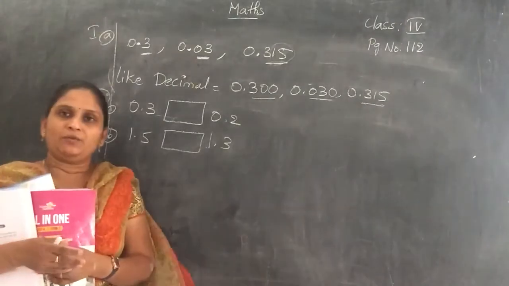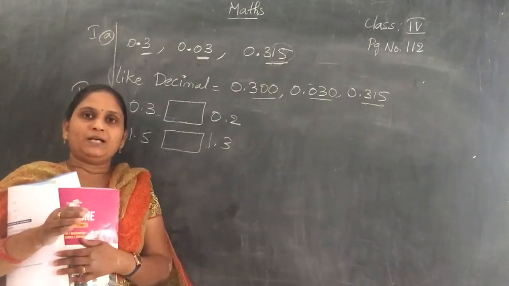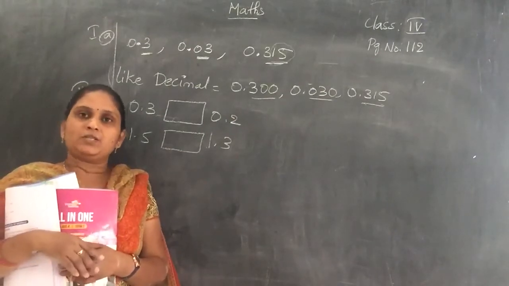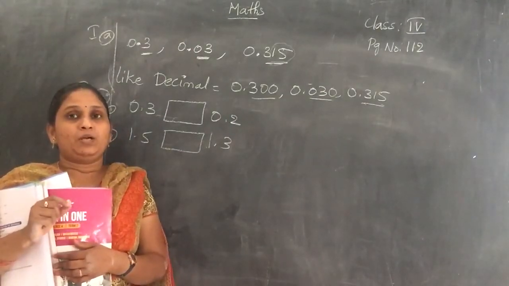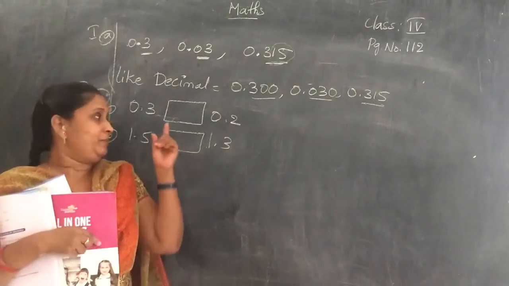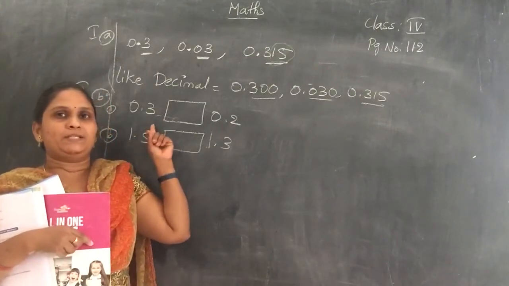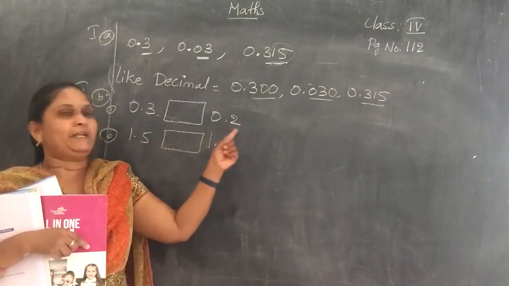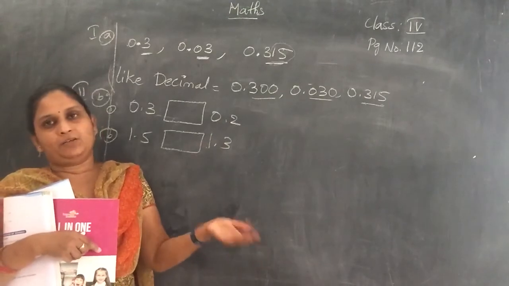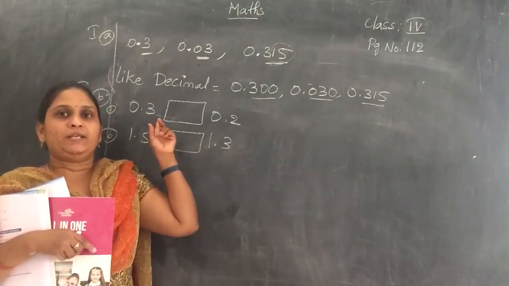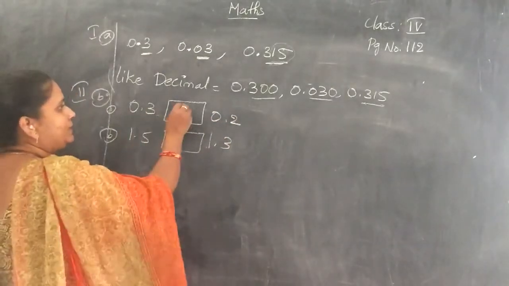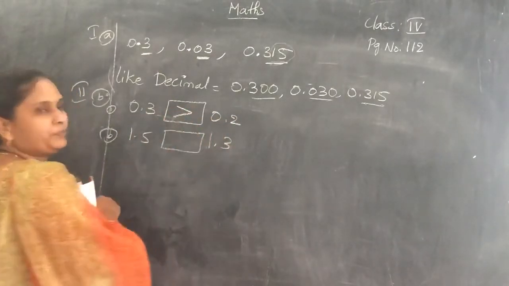In a regular manner, we put numbers in a sequence from small to big and big to small. Here also, after the decimal the number does not change its value. For example, 0.3 is there, 3 is greater than 2, as in our normal regular numbers. Like that in decimal form also 3 is greater than 2. So you can write 0.3 is greater than 0.2.